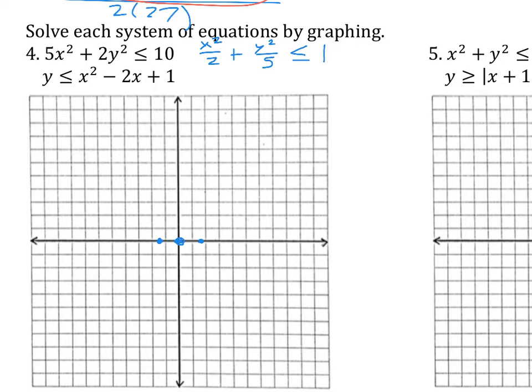Because there's a 5 under y squared, we have to go the square root of 5 up and down. The square root of 5 is a little more than 2. Then I make my ellipse. I'm going to make solid lines because it says less than or equal to.